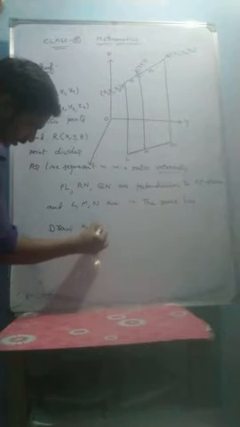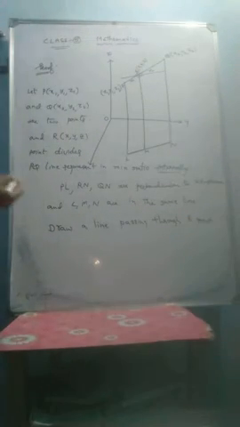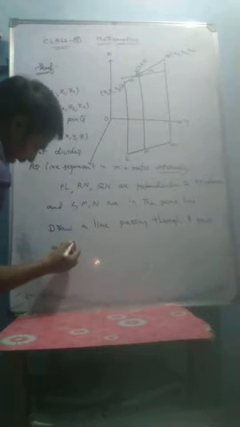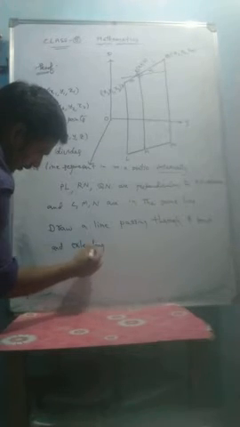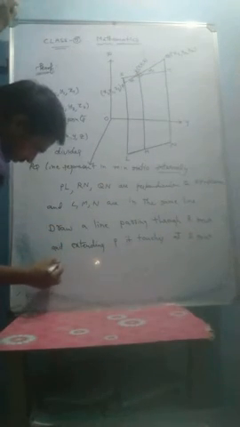Next, draw a line passing through the R point and extending to P. It touches at the S point, and at the T point. Okay, at the T point. Write it fast.